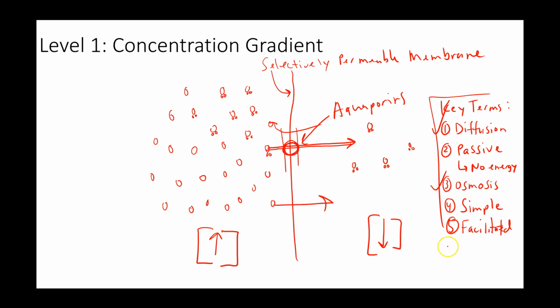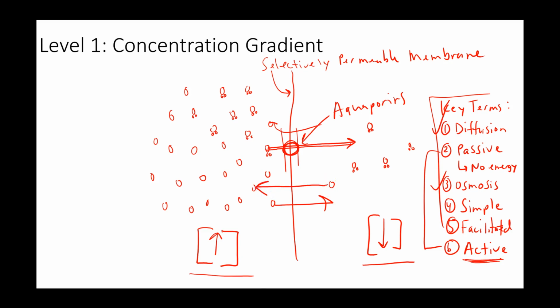One last quick definition and explanation of it, if we go back to this generic circle idea with this side being low concentration and this side being high concentration, is that there's also active transport, which is sort of the opposite of passive transport. So with active transport, you're going to go from low to high.